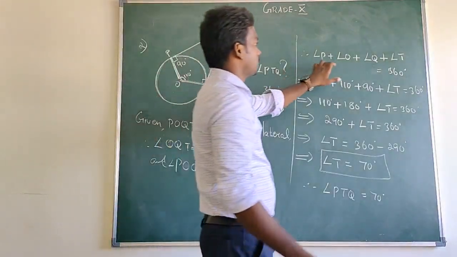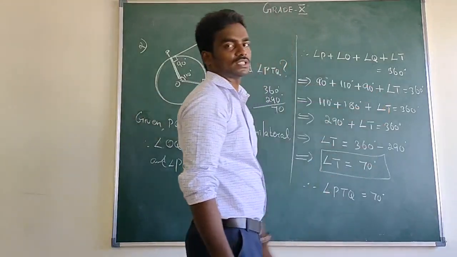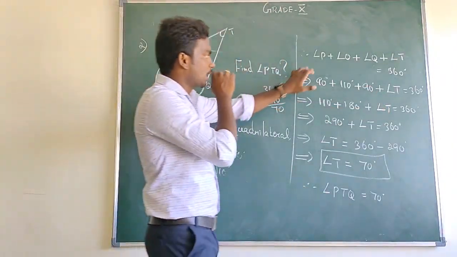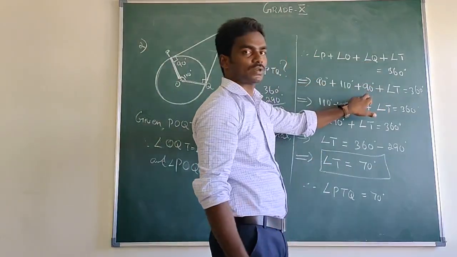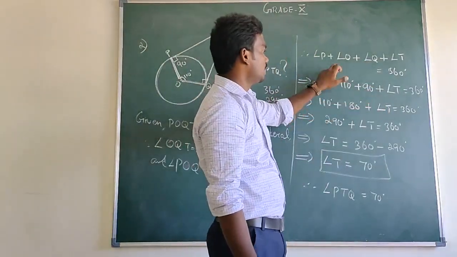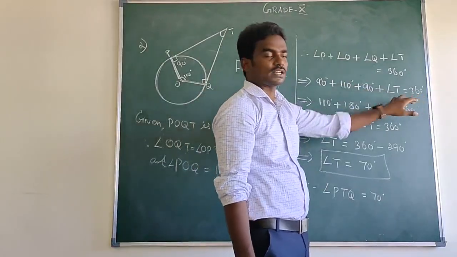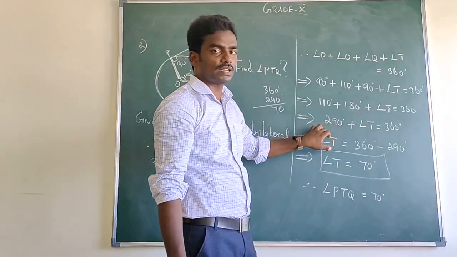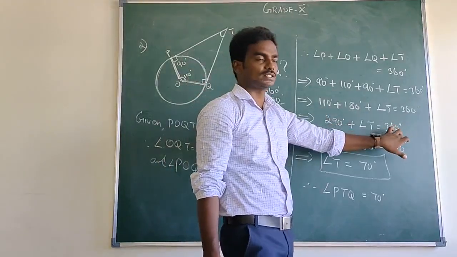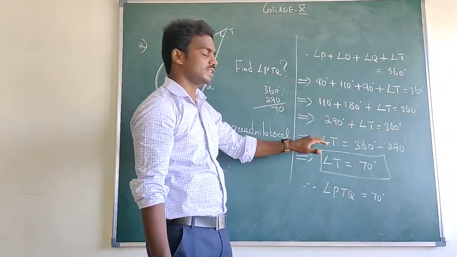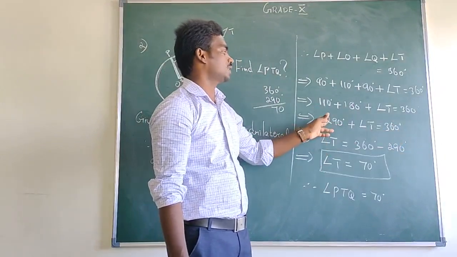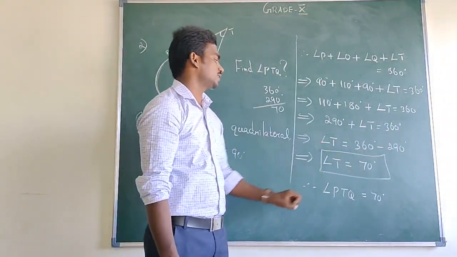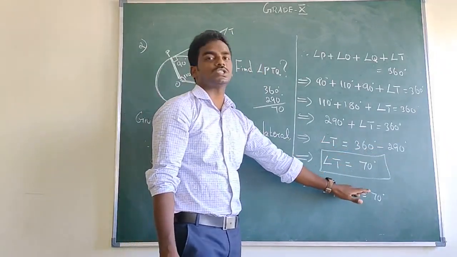So angle P plus angle O plus angle Q plus angle T is equal to 360 degree, and P value is 90 degree and Q value is also 90 degree because of the perpendicular, plus 110 degree plus T is equal to 360 degree. So 90 and 90, 180 plus 110 is equal to 290 plus angle T is equal to 360 degree. And if angle T is on the left side, 290 transposing to minus 290. So angle T is equal to 70 degree. Therefore, angle PTQ is equal to 70 degree.